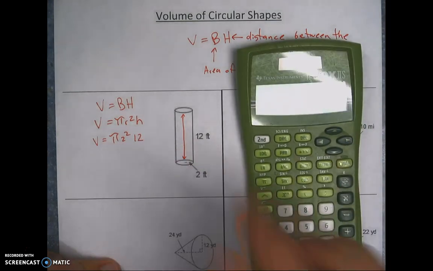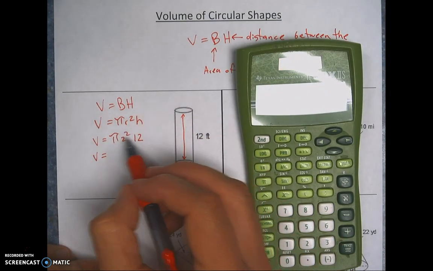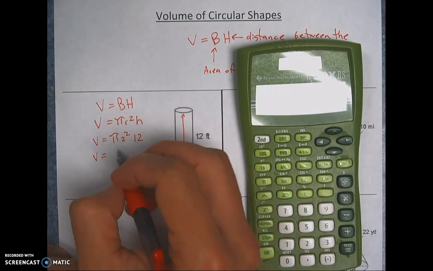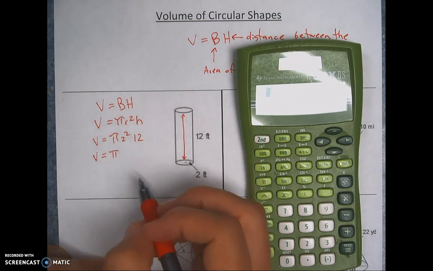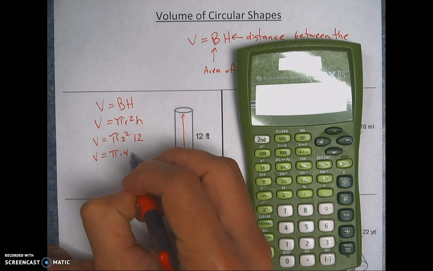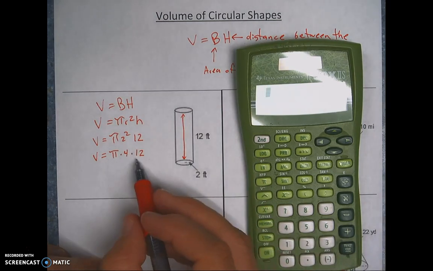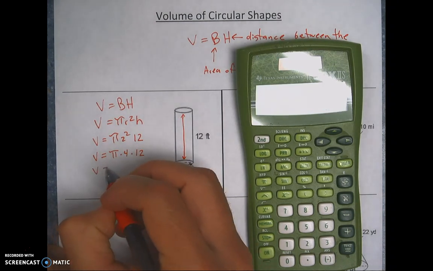You could plug all of this in your calculator at one time, or you could do it piece by piece. You could go straight from this to your final answer, that's fine. I'm going to do it in a couple pieces just for your notes. So 2 squared becomes 4, so it's pi times 4 times 12. Again, all of this can go right in your calculator right now, or you can do it piece by piece.